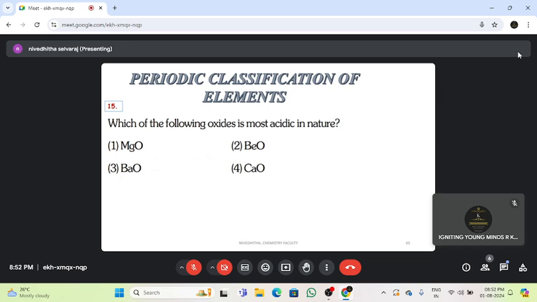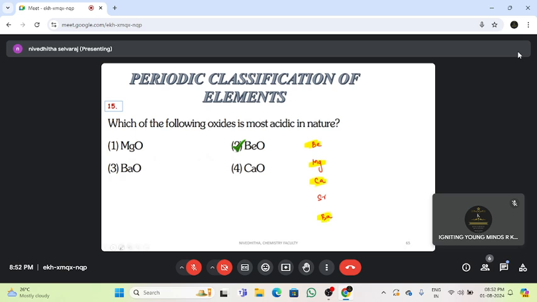Ma'am, option 2, ma'am. Very good, Anu. It is option 2. Because beryllium, magnesium, calcium are second group elements. The second group elements are beryllium, magnesium, calcium, strontium, barium, and they are talking about beryllium, magnesium, calcium, and barium.